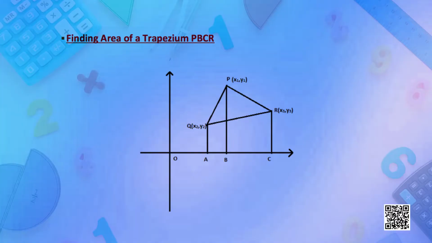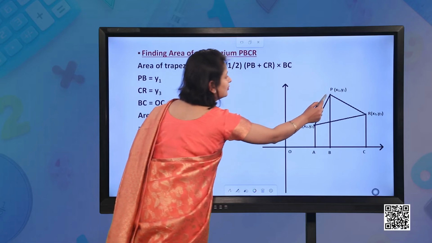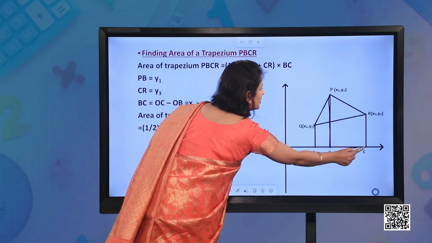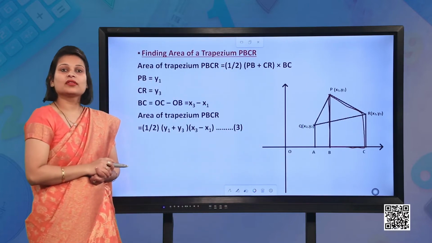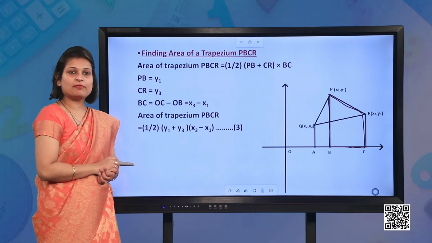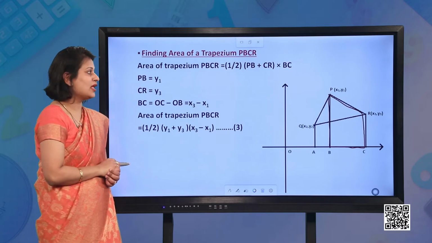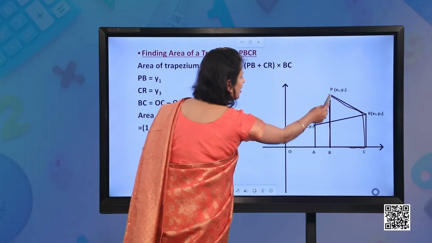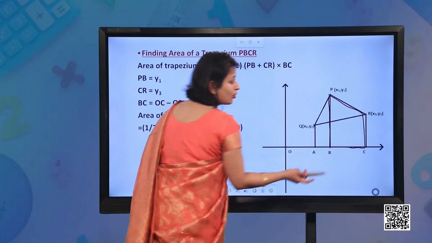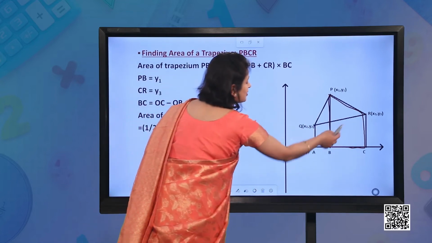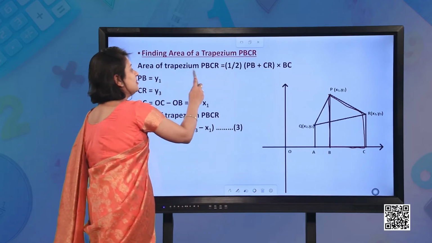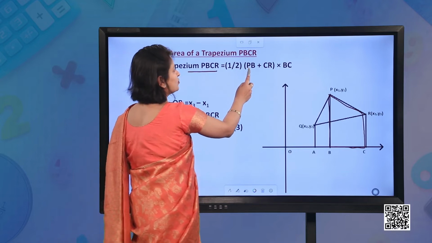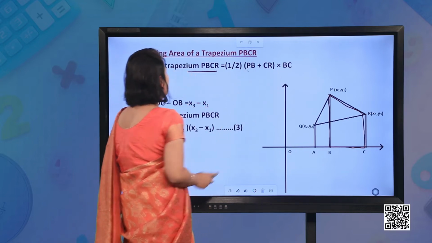Now, we will find the area of trapezium PBCR. Again we have to apply the formula half into the sum of parallel sides into the distance between them. Here the parallel sides are PB and CR, or RC, and the distance between them is BC. So, the area of trapezium PBCR will be half into PB plus CR into BC.